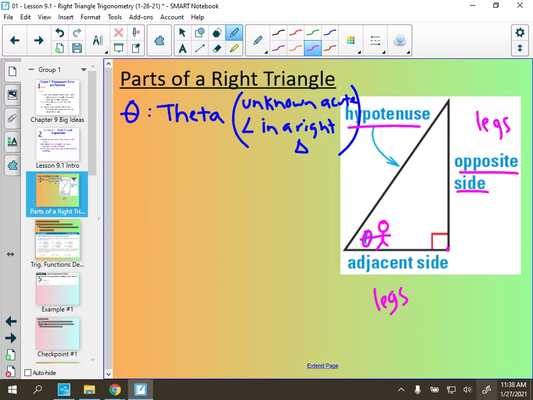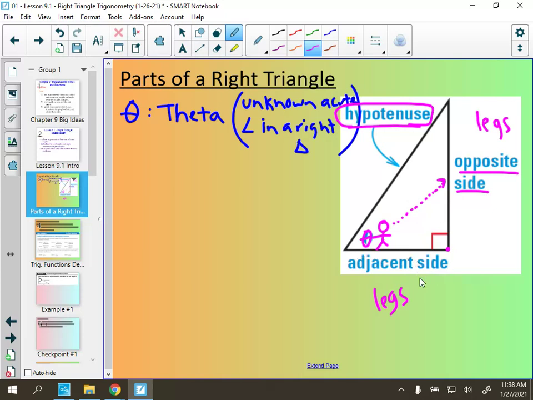Okay, so if I were to walk out from my little spot, what side is opposite of me? It's not the side next to me. It's not the hypotenuse. That is always called the hypotenuse. The side right next to me, which is down here, would be my adjacent side. The side that I'm not touching, that I'd have to walk to, would be my opposite side. The one right next to me is adjacent.